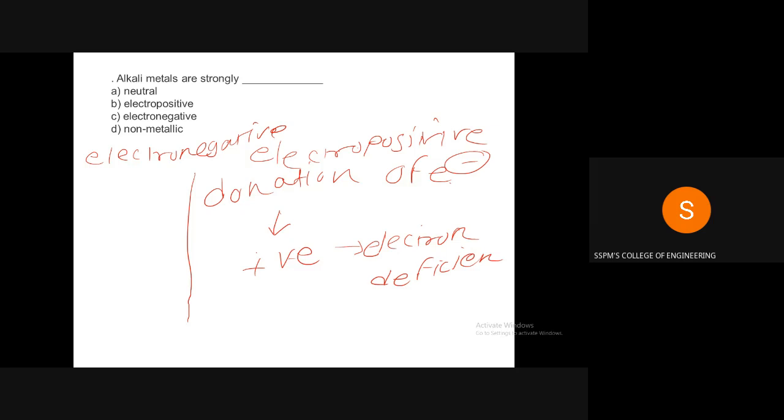Whereas what is electronegativity? Electronegativity means it accepts the electron and forms a negative charge species, which is electron rich.